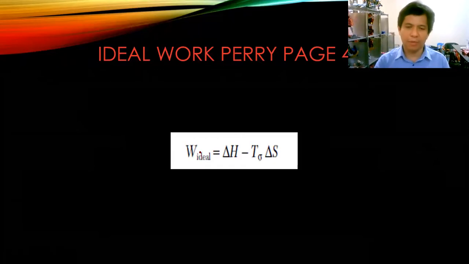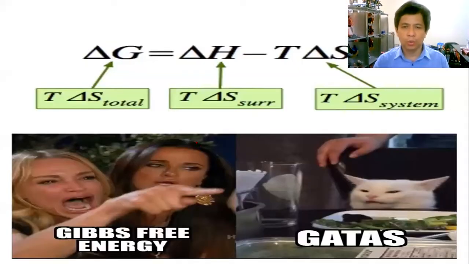Another way to remember this is, if you still remember the equation of delta G, delta G is equal to delta H minus T delta S. So it's quite similar to the equation of delta G. Yun nga lang, the temperature is T surrounding. And then, syempre, this delta G will become W ideal. So, ito sa physical chemistry, ang tawag natin dito is the Gibbs equation. Ganun din yung equation ng W ideal.